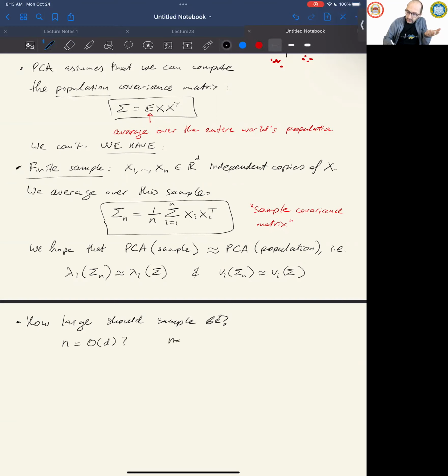Or maybe we have to include exponentially many people? Think about it like this. We have the genome. It's very complex, right? The genome determines our individual features. If we want to capture the complexity of the genome, how many people do we have to sequence?